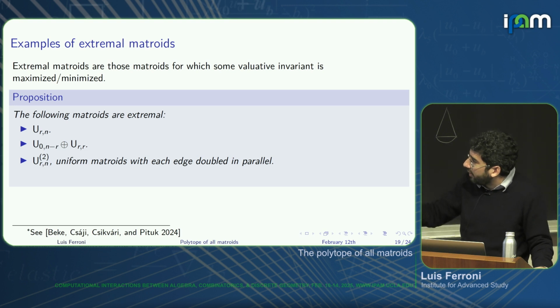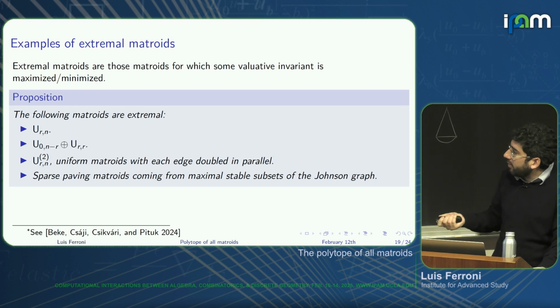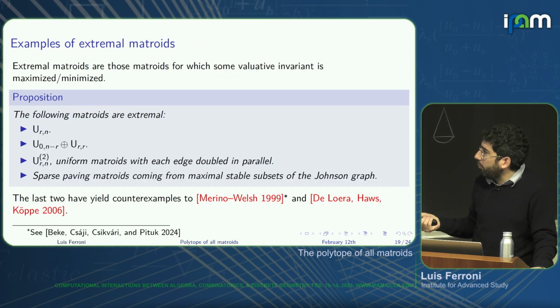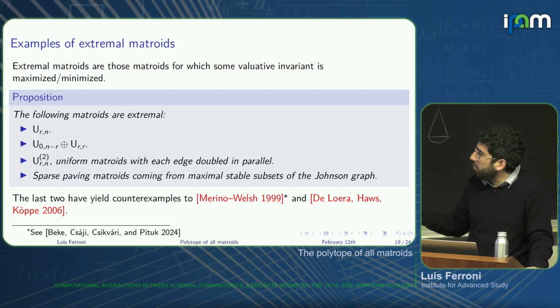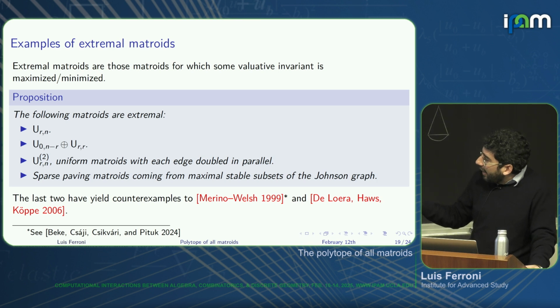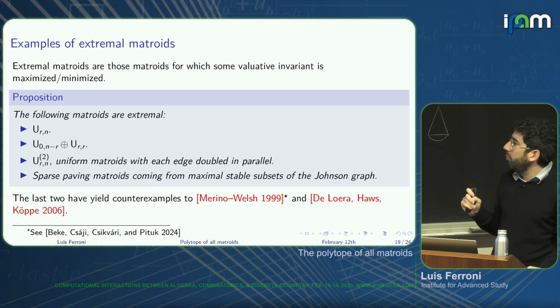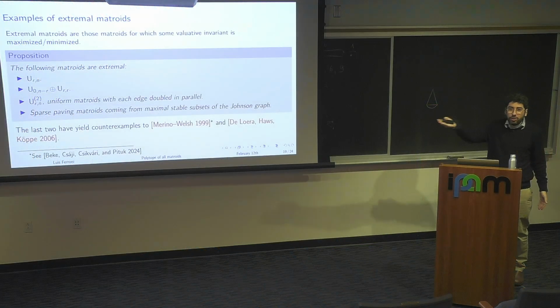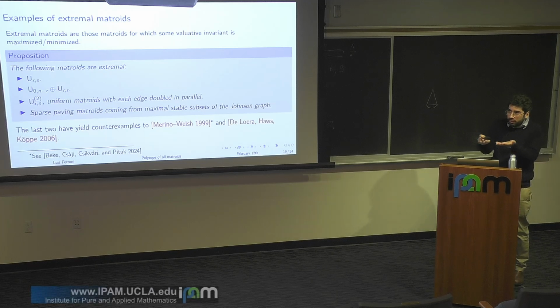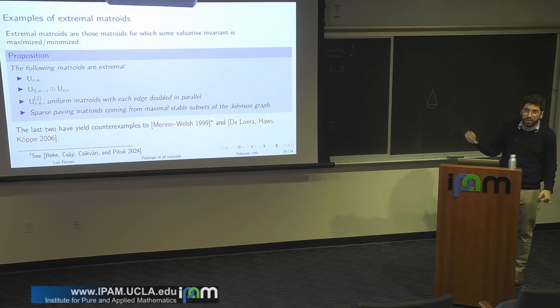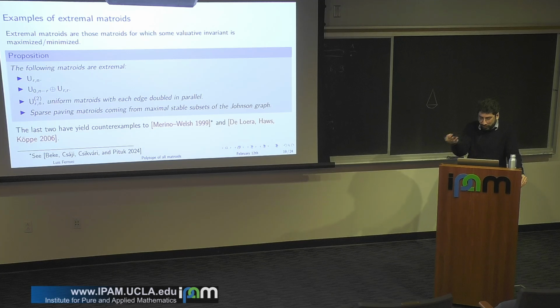And they used precisely these matroids. And the last example was used by myself during my PhD thesis as a tool to disprove a conjecture by De Loera, Haws, and Köppe on the Ehrhart positivity of matroid polytopes. So you can see that indeed extremal matroids in practice will give you counterexamples if you are able to find some.